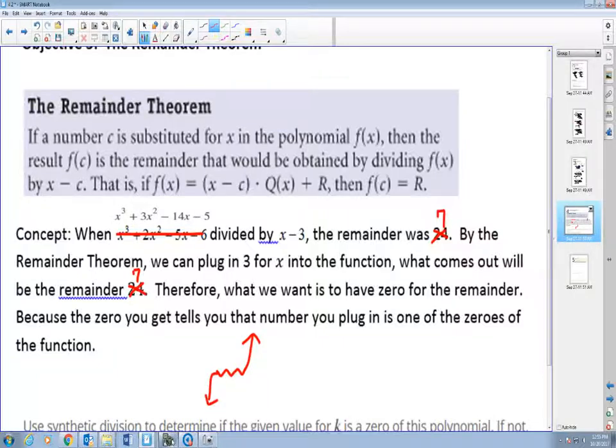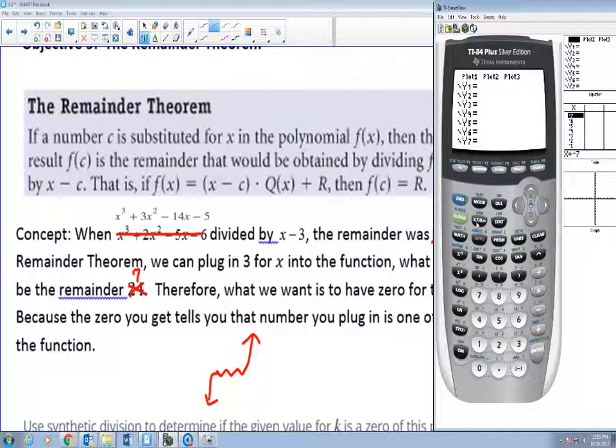So when I graph this polynomial function, x to the 3rd plus 3x squared minus 14x minus 5, what I expect to see is something that looks like this. It's coming from negative infinity, going all the way up, and then somehow curving back, and then going over this one right here.